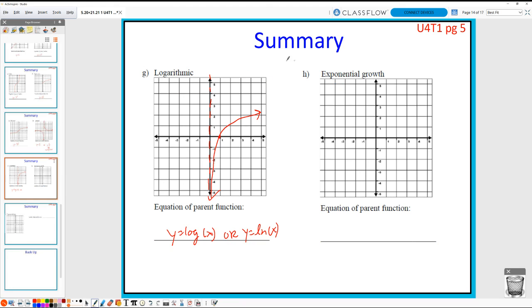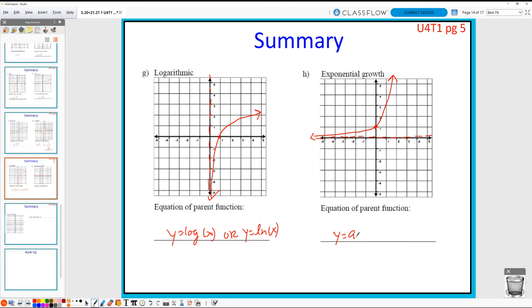And exponential is the inverse of log. So this one has a horizontal asymptote. And for growth, it's going to look like this, where I'm hugging the asymptote, go through my point, and increase very quickly here, like so.